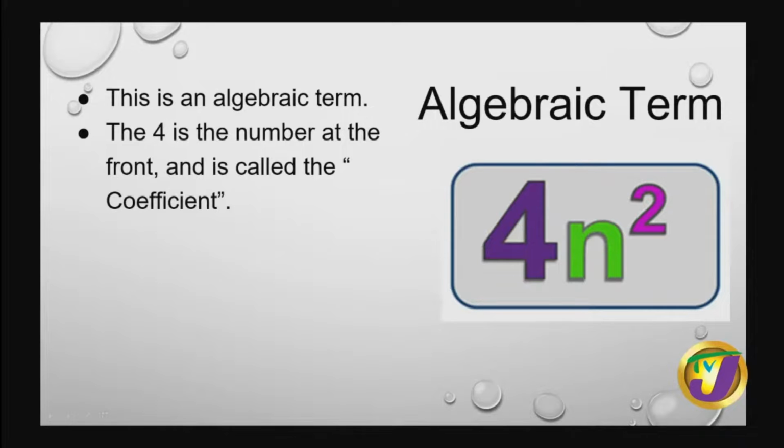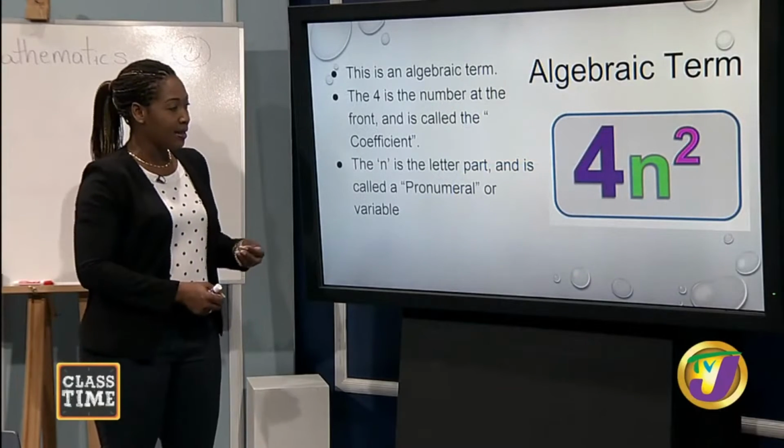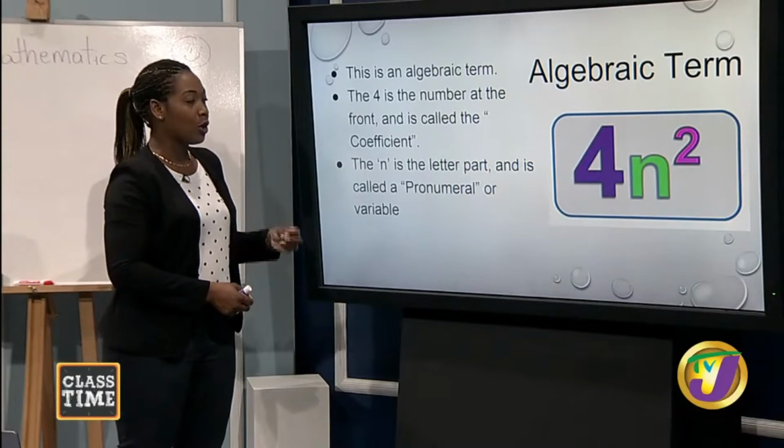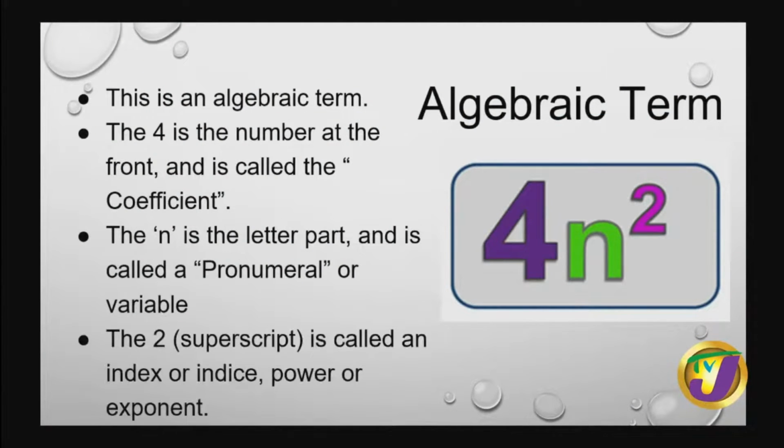The number at the front, before you look at the variable, is called the coefficient. Then you have the n, which is a letter part and it's called the pronumeral or the variable. Then you have the 2, which is a superscript number, and it is called an index or indice or power or exponent.